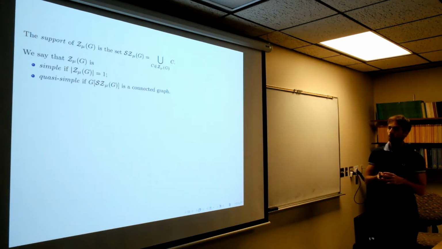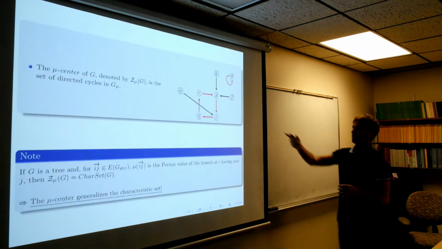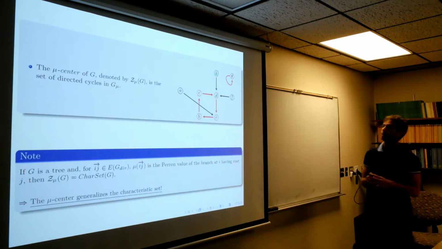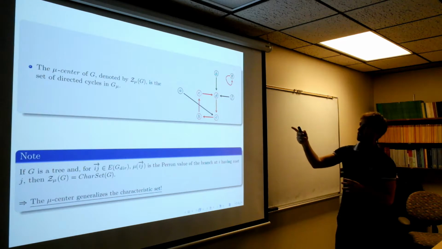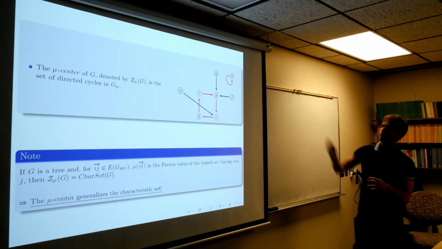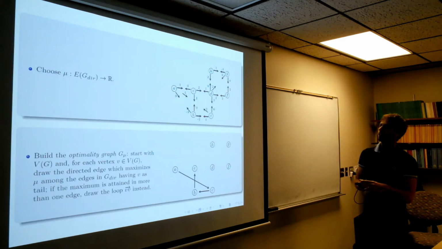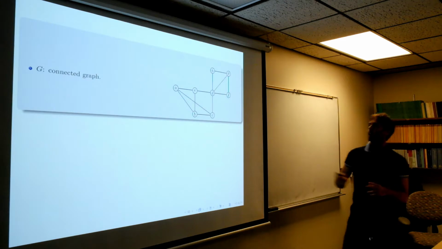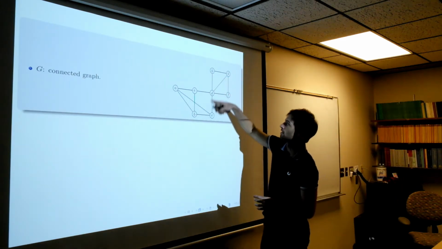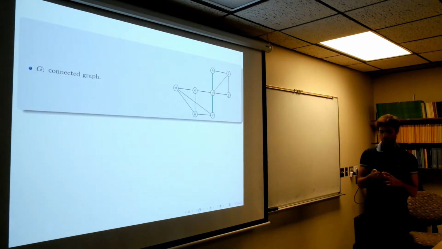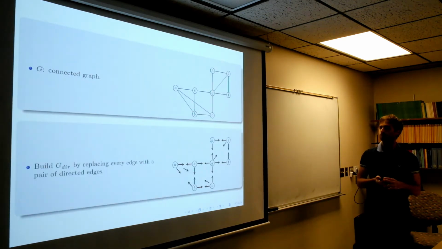So in this case, well, this center is not simple because there are two cycles. But if we consider the subgraph of G induced by the vertices B, C, D, E, and G, we see it better from here. Well, we see that it is connected, right? So this center is quasi-simple, even if it's not simple.